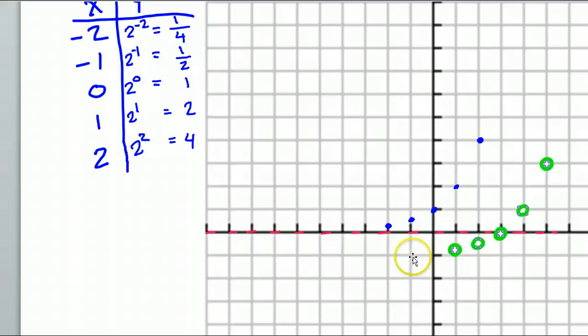Now, pay careful attention to the new asymptote. We went right 3 and down 1. If I moved the asymptote right 3 and down 1, well, moving a horizontal line right 3 doesn't really mean anything, because it already goes left and right forever.